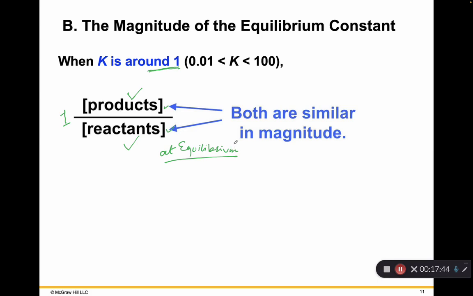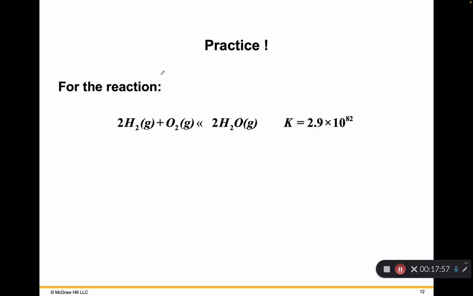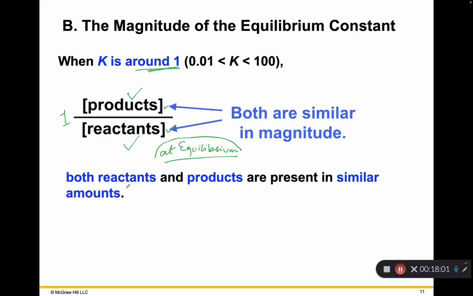So we are predicting the position of equilibrium by looking at the magnitude of K. We can do that, right? We just learned how to do it. So let's practice here. As I mentioned, at equilibrium, both reactant and products are present in similar amounts. They are equal in amount. Then we have a perfect equilibrium situation.